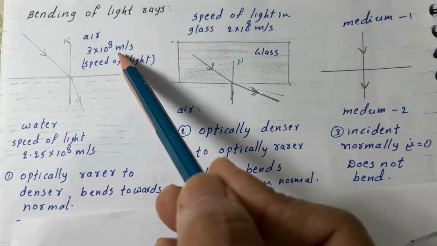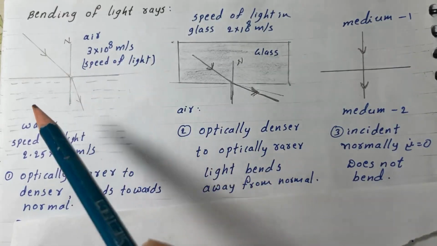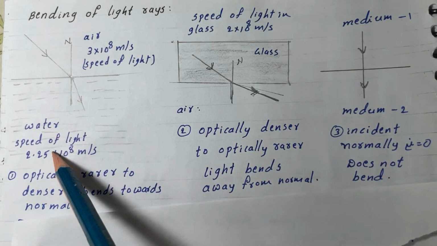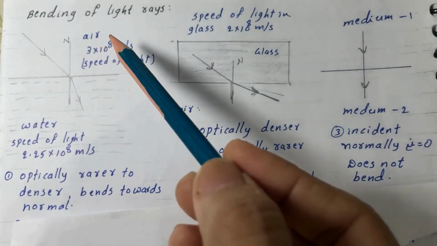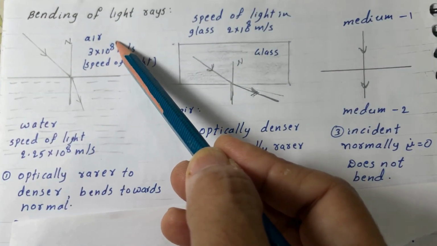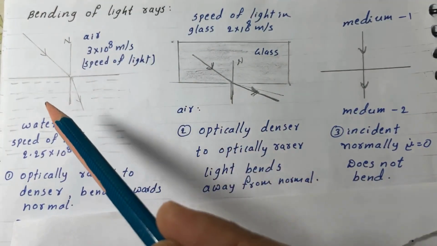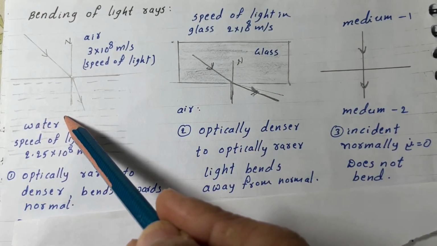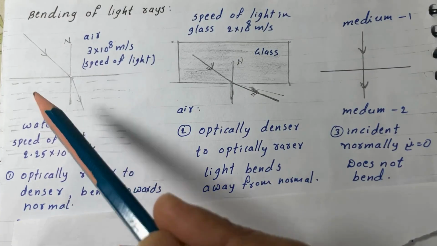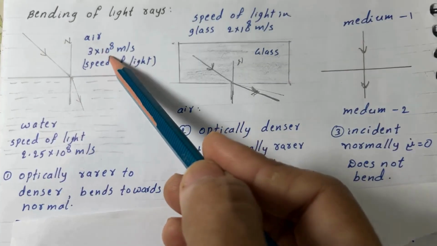Here the velocity of light is more in the air and less in the water. So this is the optically rarer medium, and here water is the optically denser medium because the velocity of light is less compared to air.